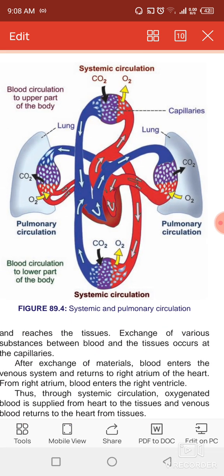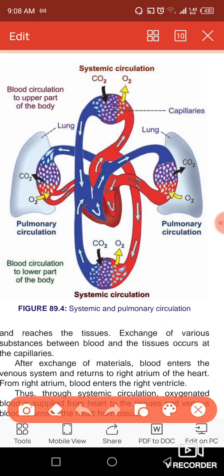As you can see here, this is the pulmonary artery. It is going to deliver your deoxygenated blood into your lungs. So as you can see here, from the lungs again there is the exchange at the capillary and then arteries form. So these arteries are called, yeah, you are right.